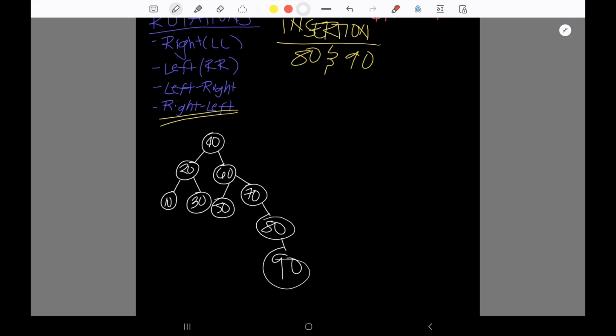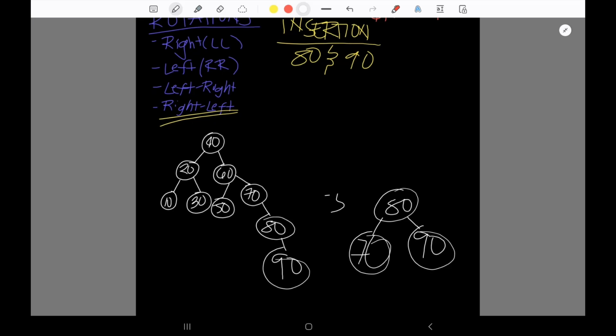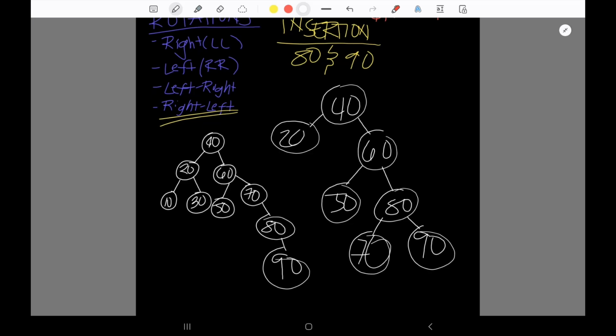So 90 here, 70 here, and 50, 60, 40, 20, 10, 30.